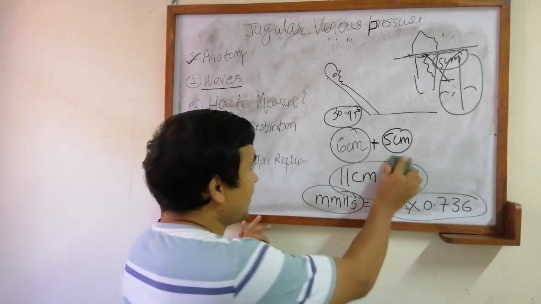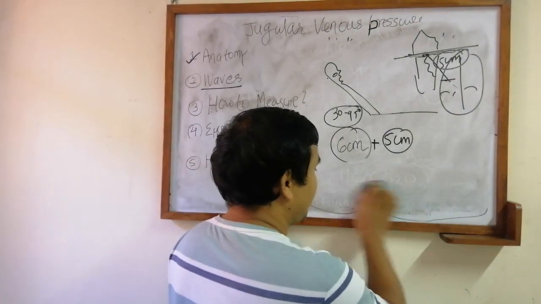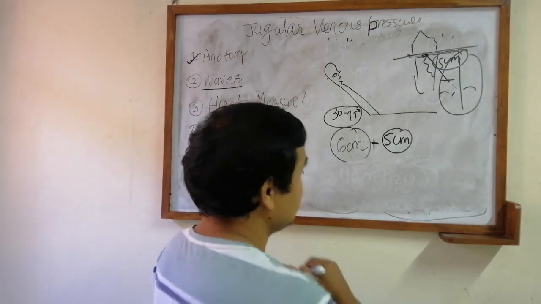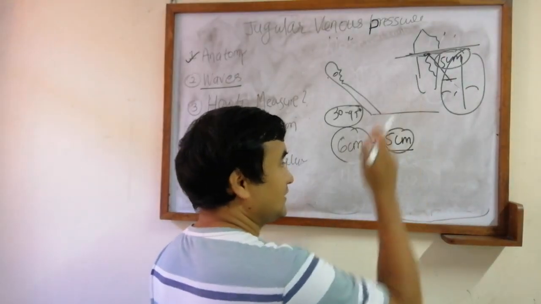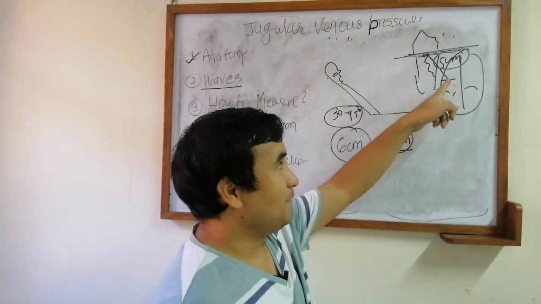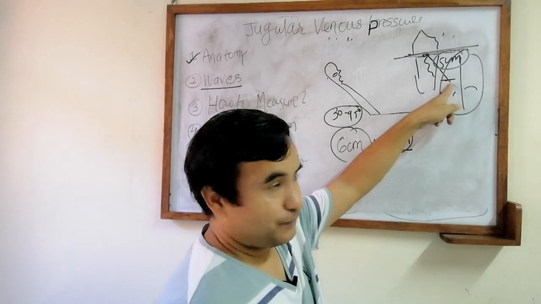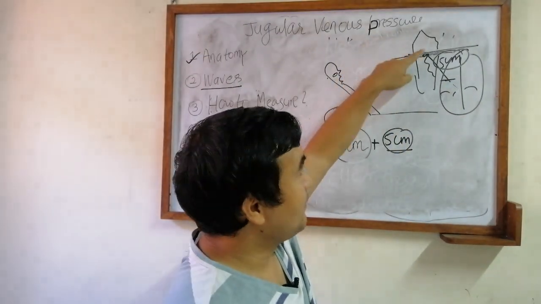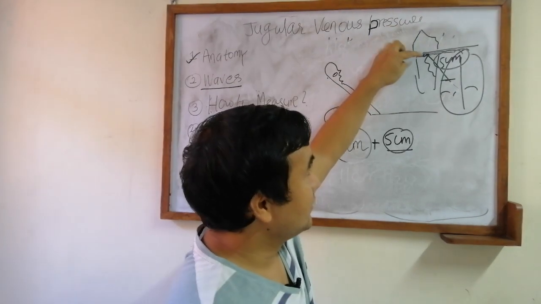Let us revise it again. Why do you take the 5 centimeter? Because 5 centimeter is the distance between the sternal angle and the midpoint of the right atrium. So how to identify the sternal angle? It is the meeting point of the manubrium sterni and the sternum.